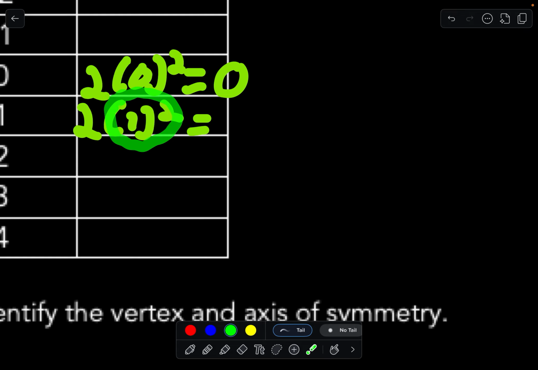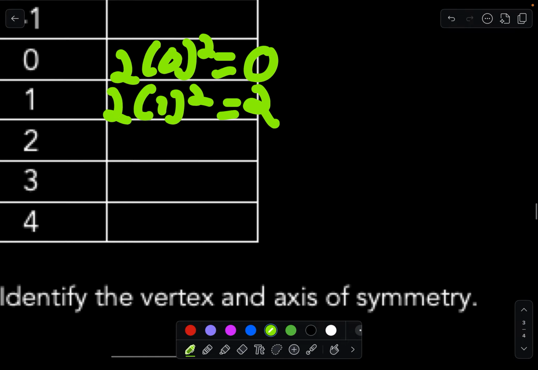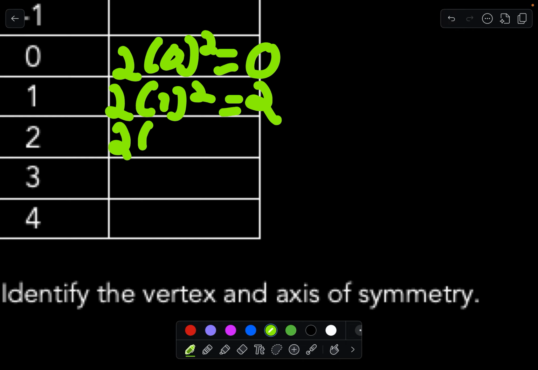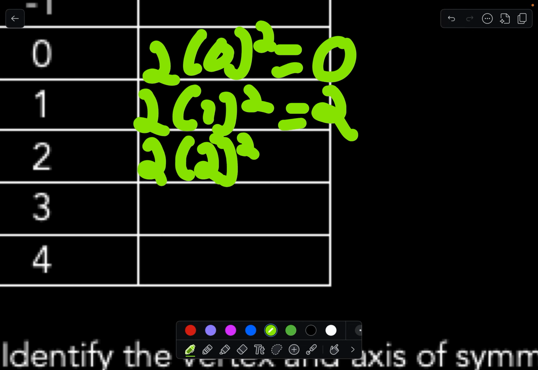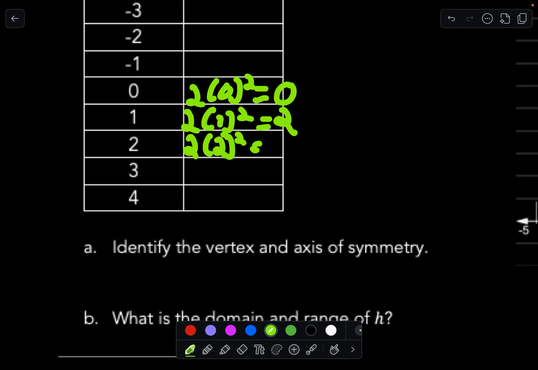So 1 squared is 1 times 2 gives you 2. And then when x is 2, that will be 2 times 2 squared. Well, 2 squared is 4 times 2 is 8. First you square, then you multiply it by the number in front. So now it's 0, 2, 8.